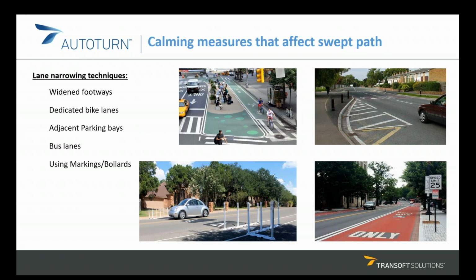The lane narrowing techniques help slow down the vehicle by reducing the space available for the vehicle to travel. The most common methods used are widened footways, dedicated bike lanes, adjacent parking bays, bus lanes, use of markings, and boulevards.